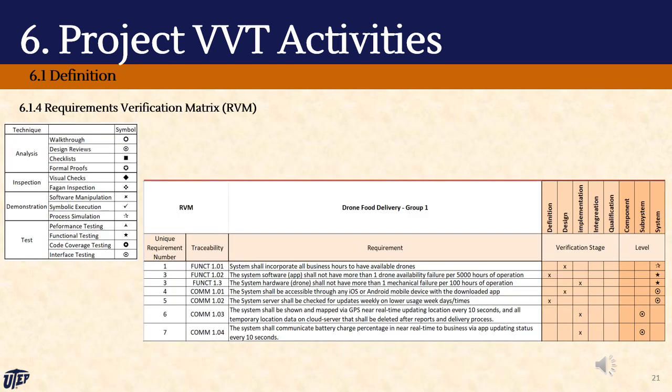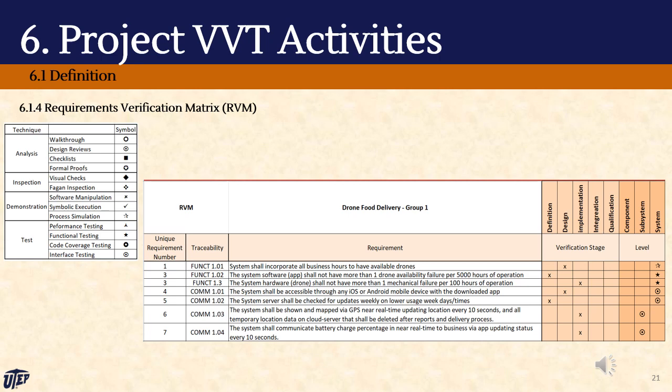Following the acquisition of system requirements, the focus shifts to developing the requirements verification matrix for the drone food delivery system. Within this matrix, each requirement is assigned a unique traceability ID along with a predetermined verification stage.